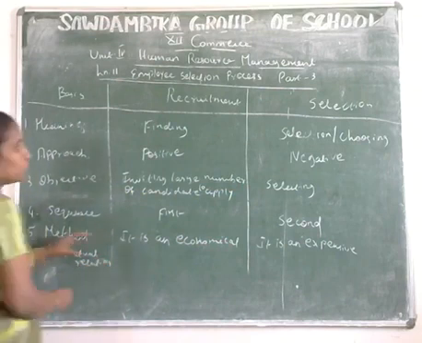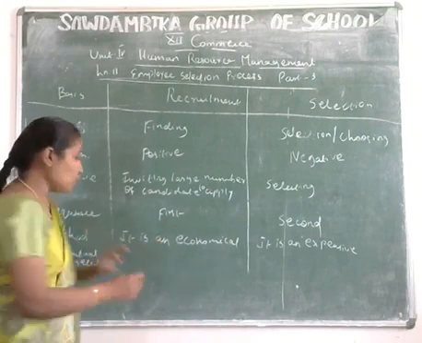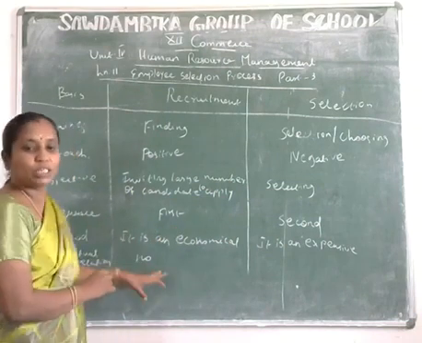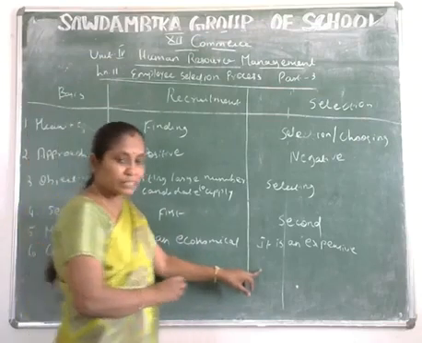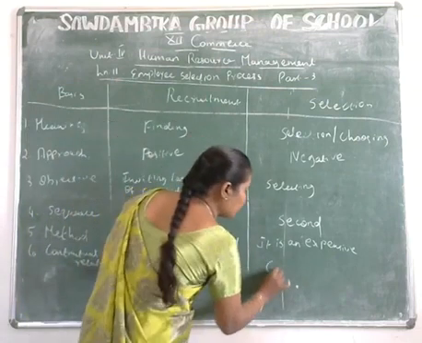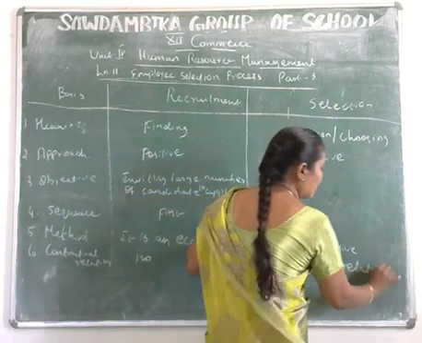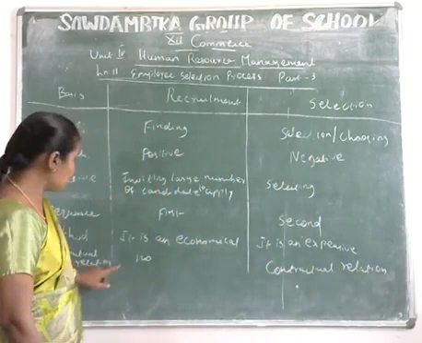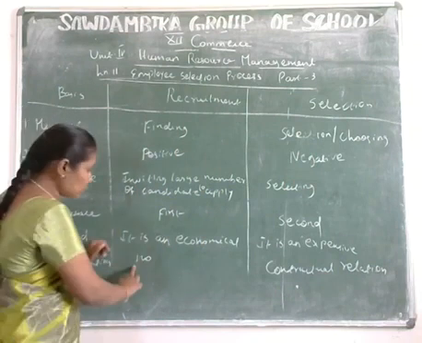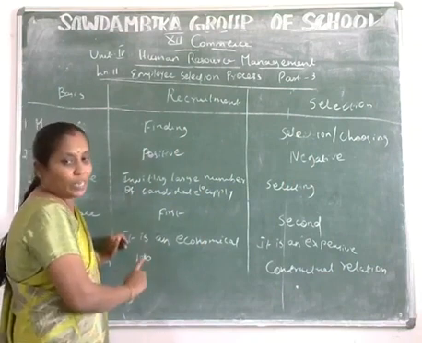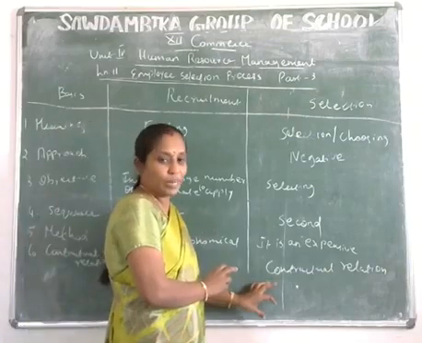There are no contractual relations between the employer and the employee in recruitment, because they only have to find the persons and the remaining have to be eliminated. But in selection, there is a contractual relation between the employer and the employee.